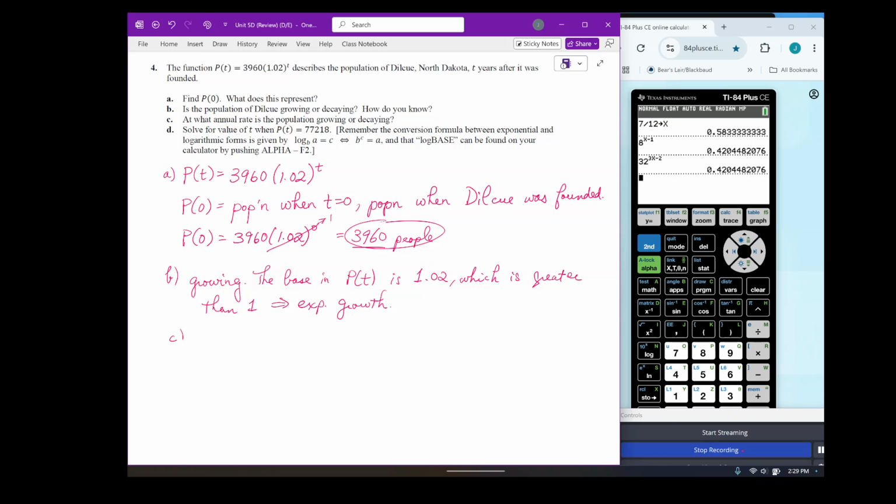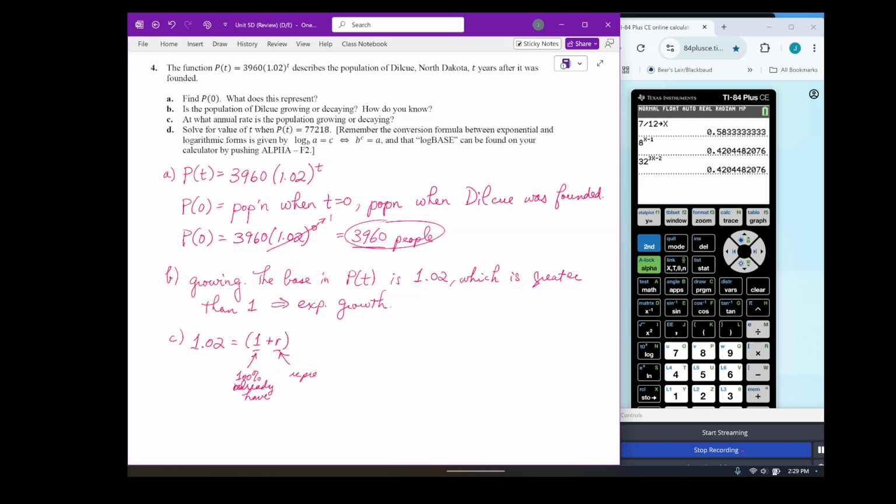In part C, it says, what is the annual rate of growth or decay? Well, it's growing. That 1.02 is really the 1 plus the growth rate, right? Where that 1 represents the 100% that you already have, and then the r is that extra percentage that you grow by.